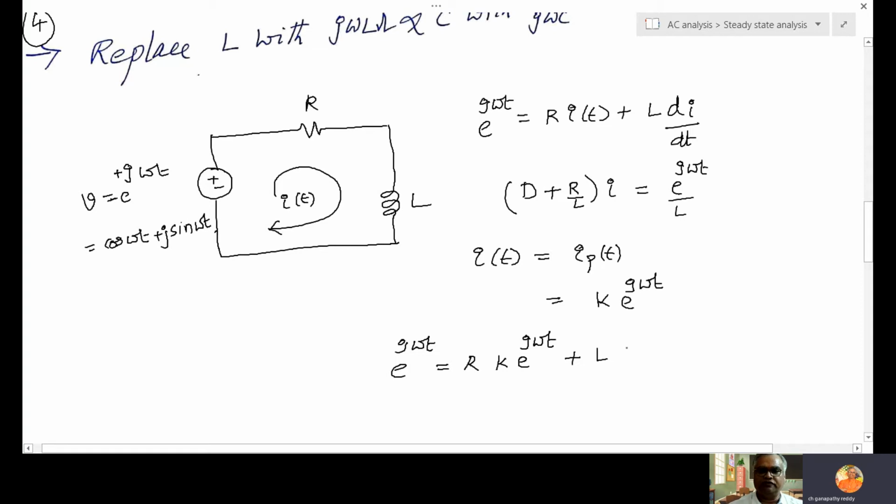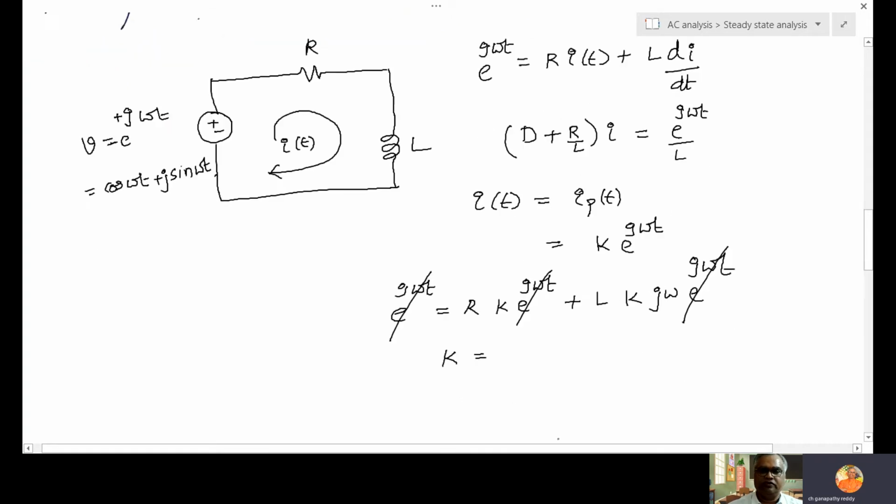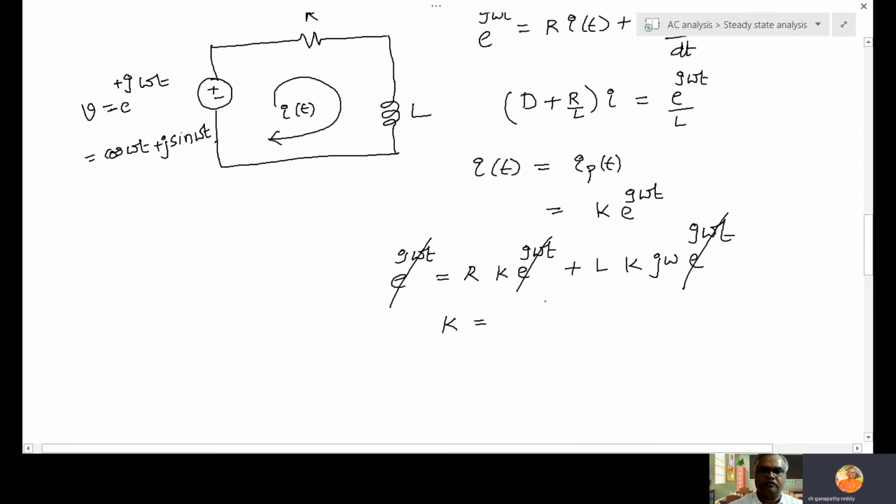So what is the differentiation of this? It is j omega e power j omega t. So this cancels. Solve for k. You will get 1 by R plus j omega L. K common, j omega L. This is k.